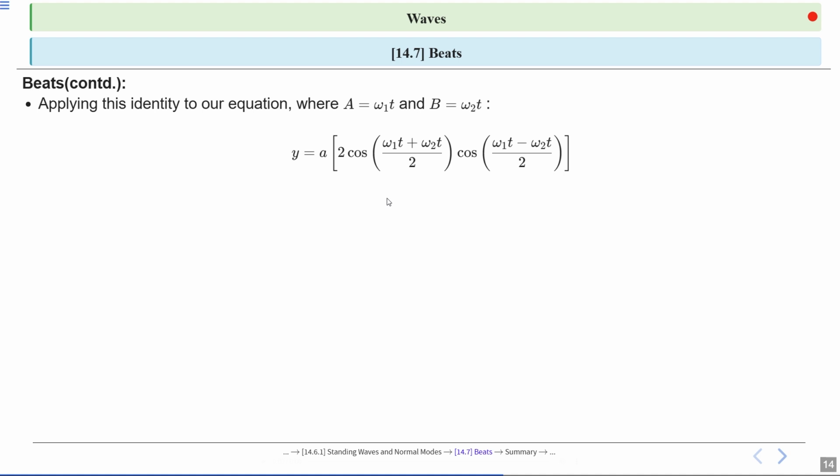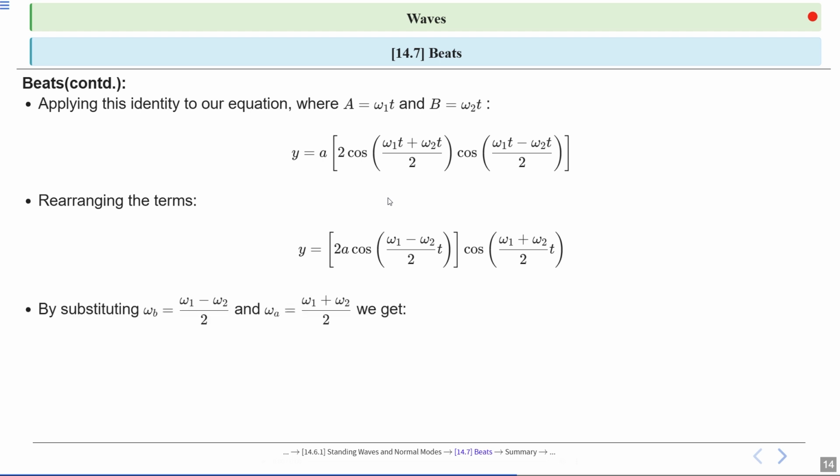The expression simplifies to a product of two cosines, and we get y equal to A into 2 cos of (omega 1 t plus omega 2 t) divided by 2 times cos of (omega 1 t minus omega 2 t) divided by 2. Rearranging the terms, it will be 2A cos of (omega 1 minus omega 2) divided by 2 multiplied by t, into cos of (omega 1 plus omega 2) divided by 2 into t.